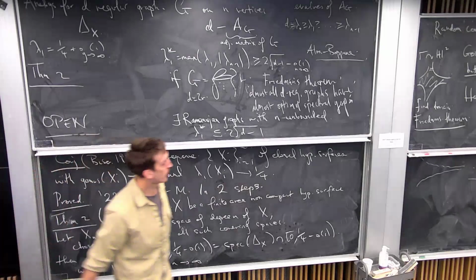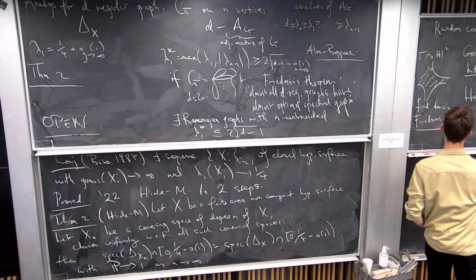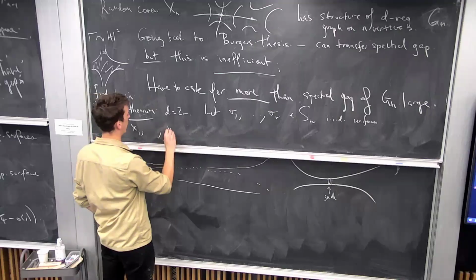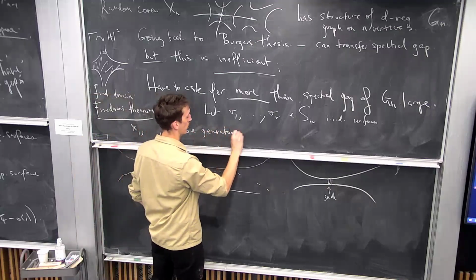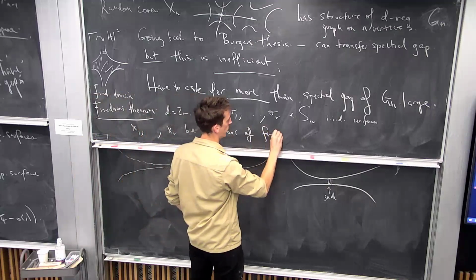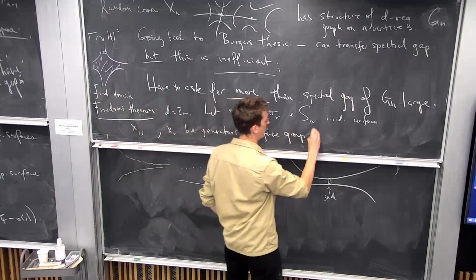Okay, and then x1 through xr be generators of the free group on r generators, F_r.